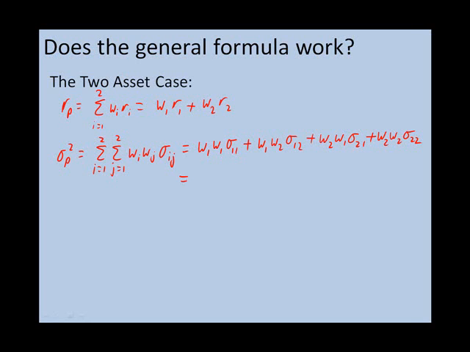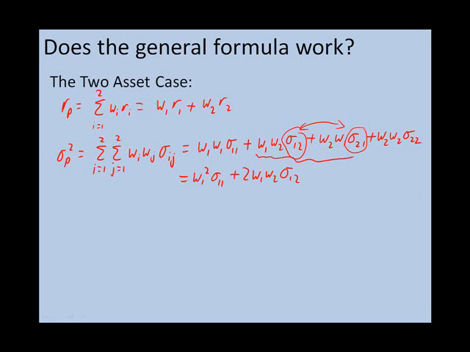We can simplify this formula. Remember that the covariance between asset 1 and asset 2 is equal to the covariance between asset 2 and asset 1. They're the same thing. So let's simplify. We get W1 squared, sigma 1,1, plus 2 times W1, W2, sigma 1,2.